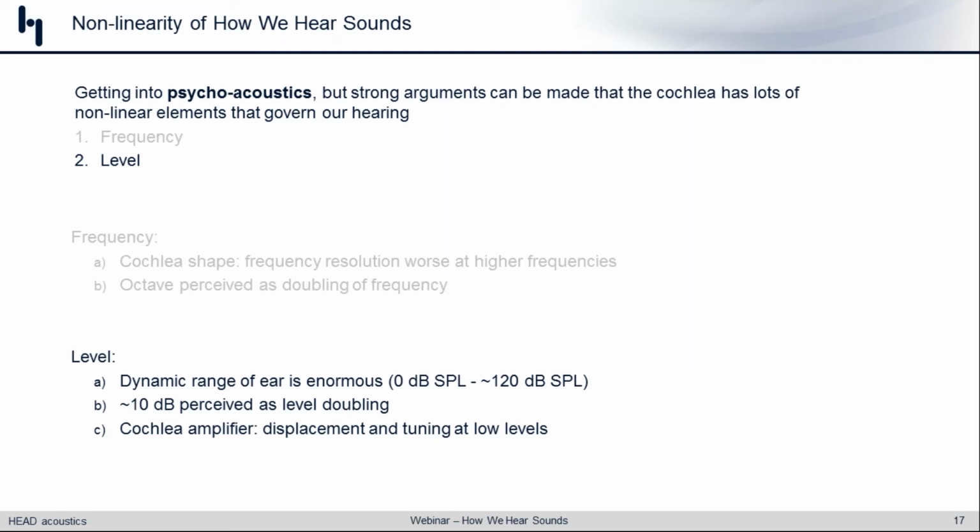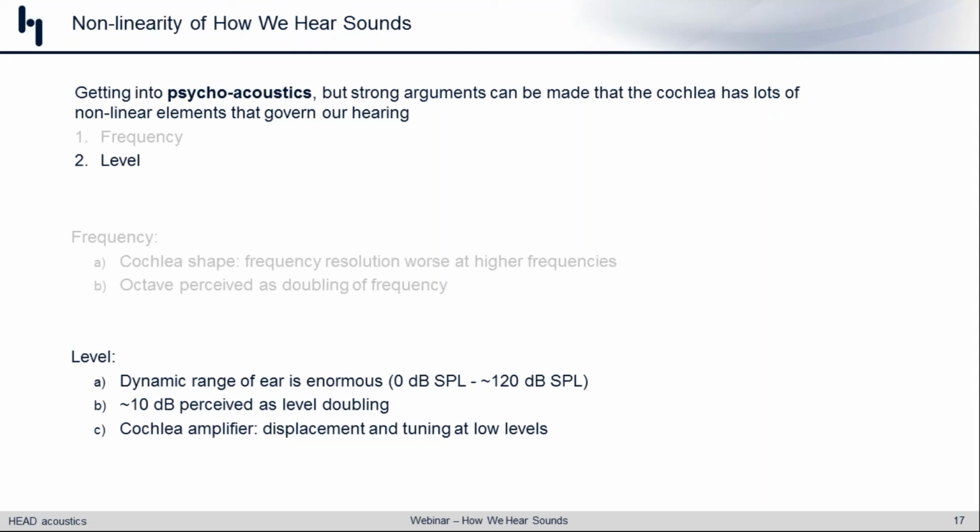It basically amplifies the effect of the vibrations in the basilar membrane, so that lower levels are going to be perceived a little bit louder. So that 10 dB doubling rule does not apply at the lower levels. I guess I would equate it to if you have a sound pressure event that is the equivalent of a paperclip in weight, the cochlear amplifier will add the equivalent of another paperclip. And so you get sort of a doubling of the sound, and you can perceive it much, much better.